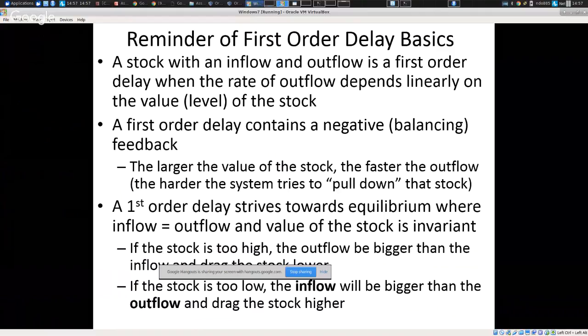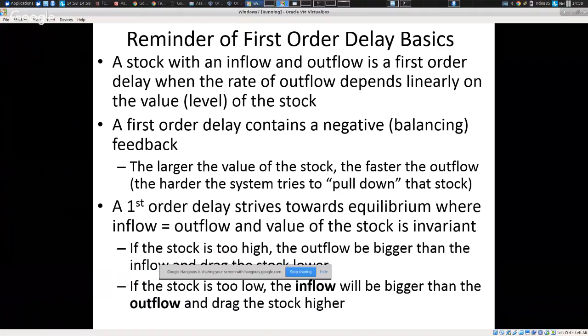You can go back and forth between these. You can talk about a mean time in the stock and number of time units, or you can talk about a chance per unit time of leaving the stock. And units 1 over time, per unit time. So probability per unit time. Okay?